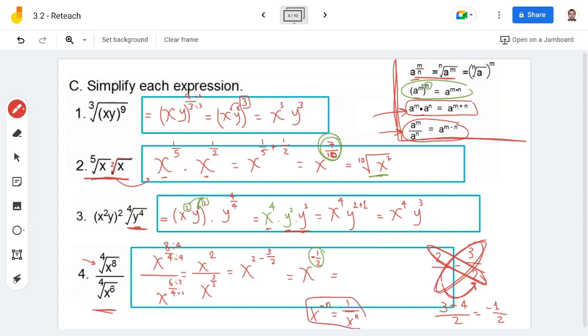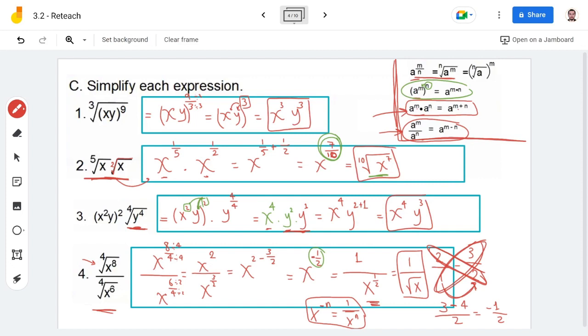So it will be 1 over x to the power of 1 over 2. We can also convert this to a radical, so it will be 1 over the square root of x. This is my answer, as you can see, for this one and for this one here. I hope this is clear.